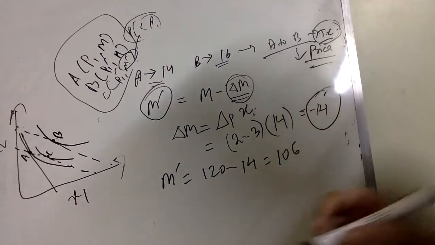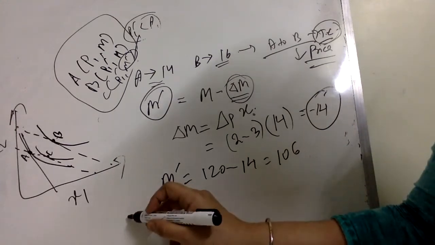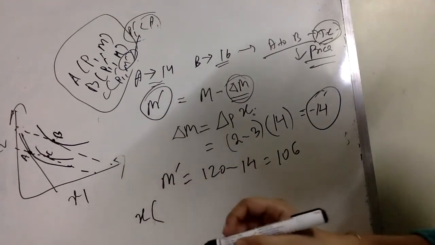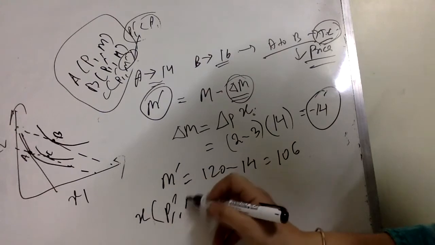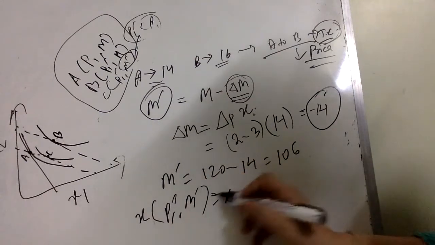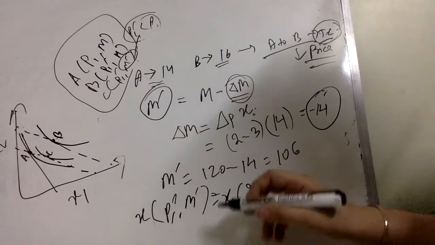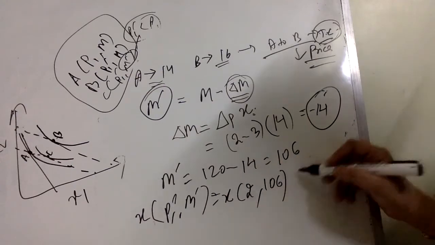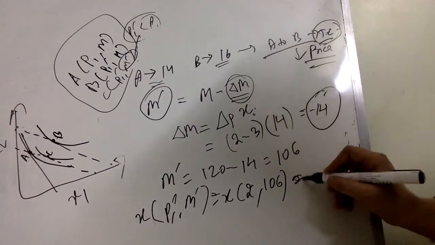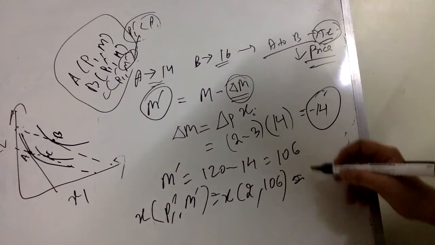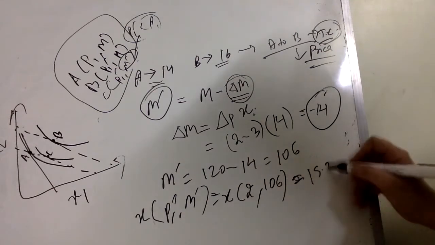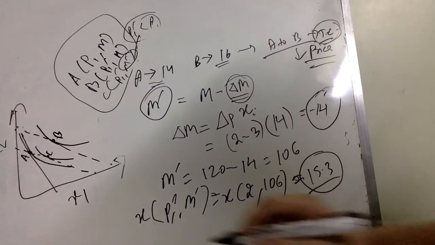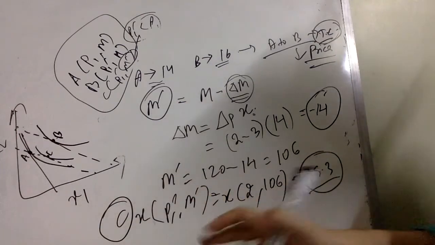Alright, now moving on. At point C, if I compute my demand at P1 prime, M prime, or I can write x at new price 2 and M prime 106, compute this value by putting the values and you will get 15.3 as the end result. At point C, this is my answer.